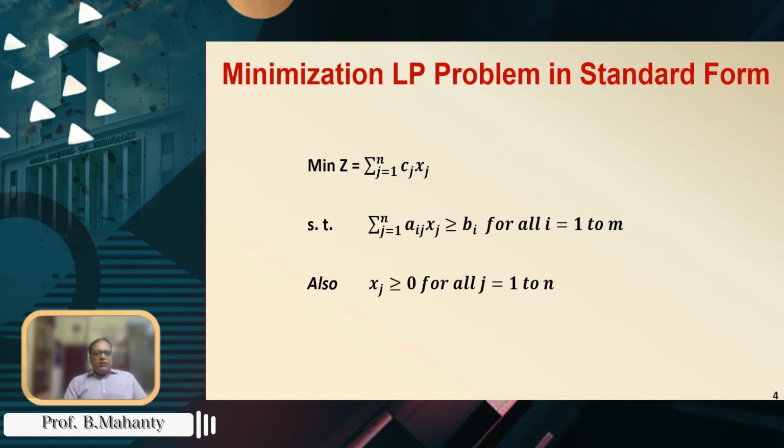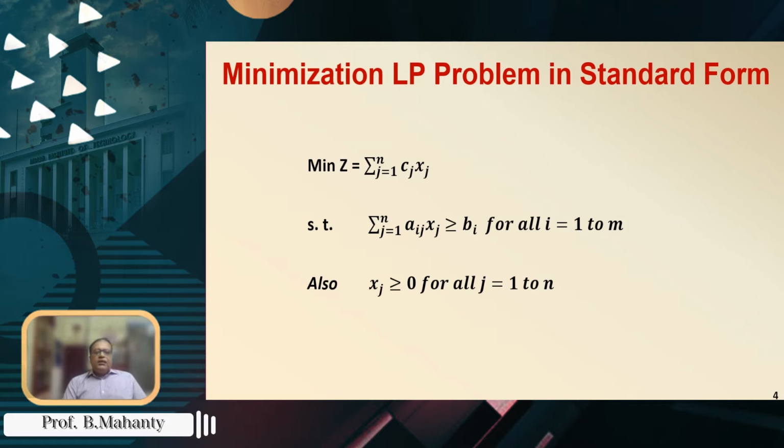Now, the minimization problem, on the other hand, in standard form: again, the objective function is one of minimization, z equal to sum over j equal to 1 to n, cj xj, subject to sum over j equal to 1 to n, aij xj greater than equal to bi. So in minimization standard form, all the constraints are greater than equal to type.